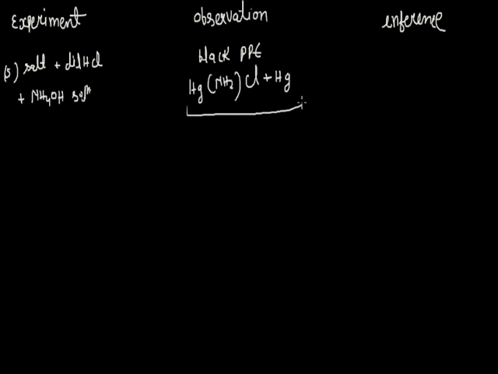So if we are having a black PPT in the test tube, then we are saying that this salt contains mercurous, that is Hg2 2+. Confirmed.